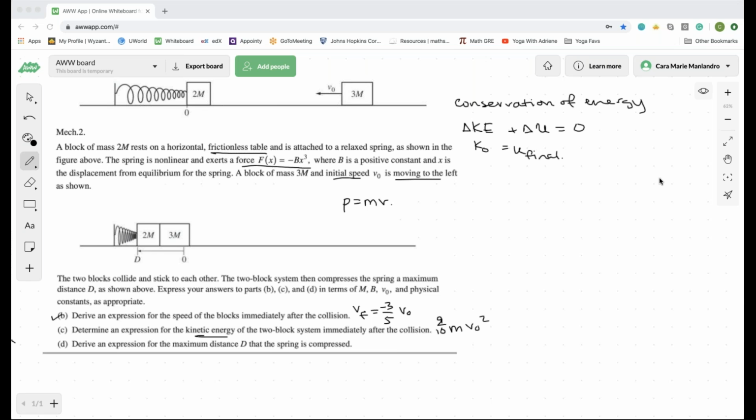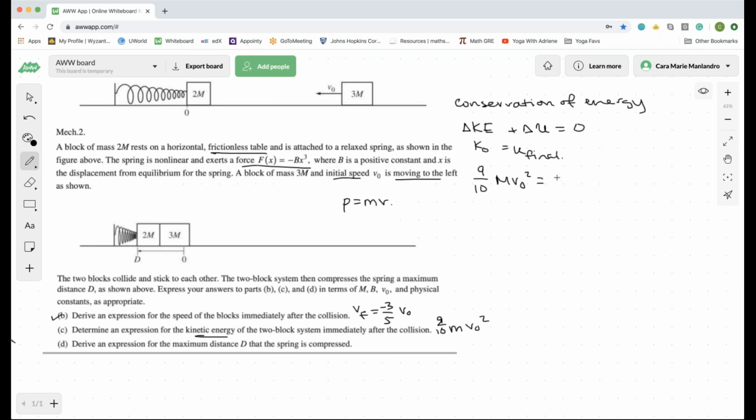Okay. So now 9/10 m v naught squared, and in order to get your potential energy, you're going to integrate your force equation.